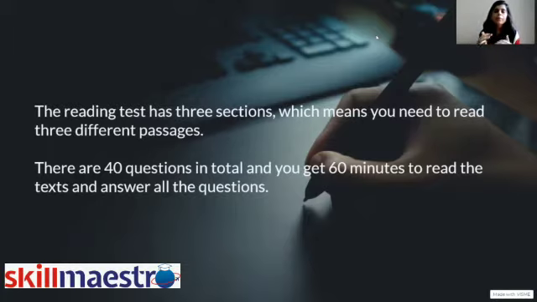They'll allow you to complete the test in 60 minutes. So, ideally, you should be spending 20 minutes on each passage. While practicing, I suggest my students to complete the passages in 18 minutes each. While you get used to doing it in 18 minutes, it'll help you attempt the test easily.